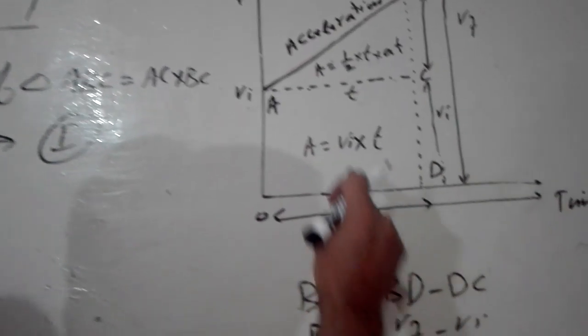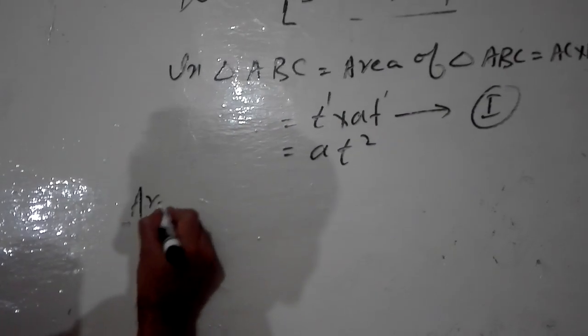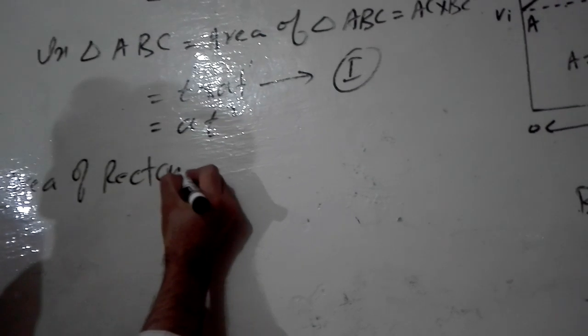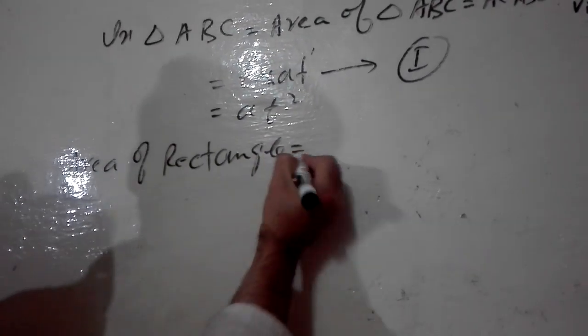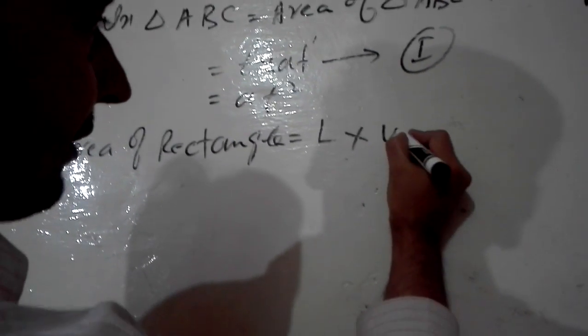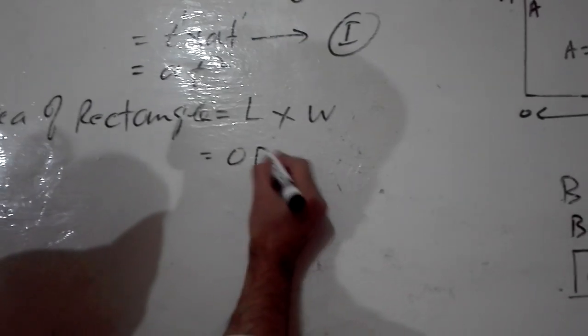Now I have also written the area of this rectangle inside. Clearly, what is the formula to find the area of a rectangle? Area of rectangle. I think you know how to find the area of a rectangle. Length multiplied by width. So what is the length here? OD or AC, anything you can write. Okay, I will write OD. And what is the width?